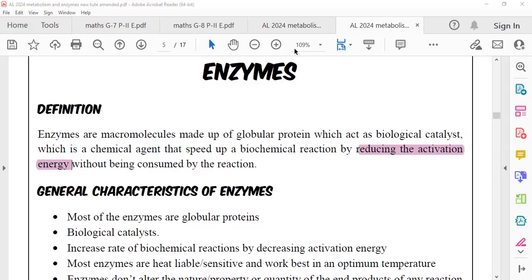Understood? Yes, sir. So this is what the enzyme does.